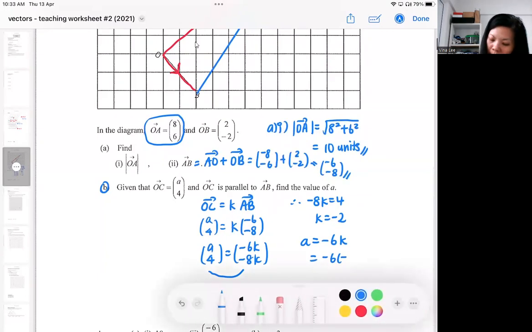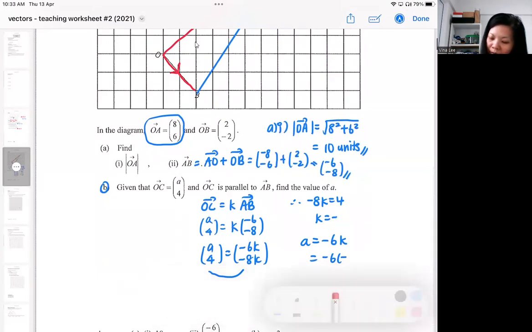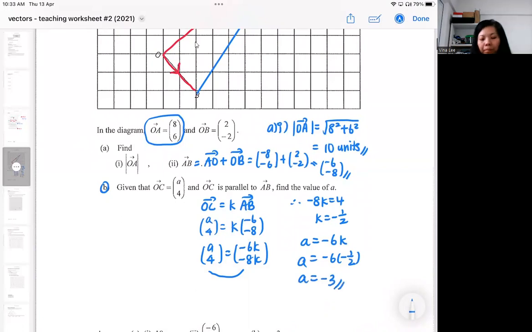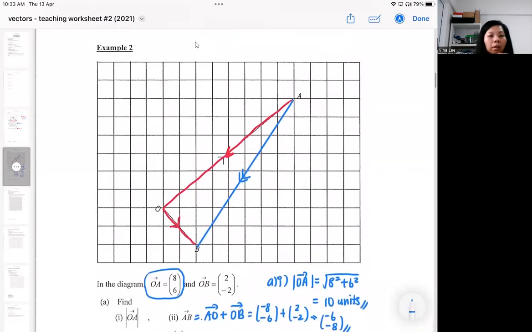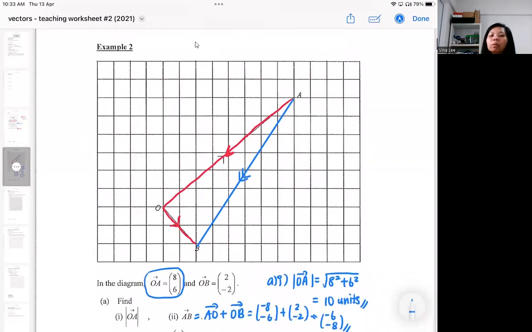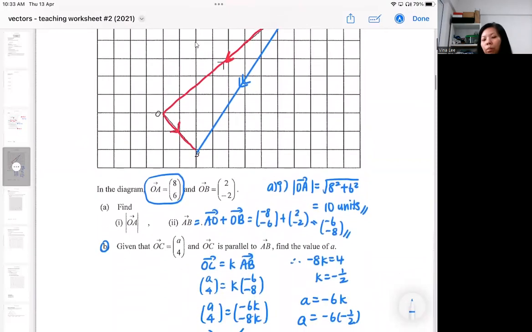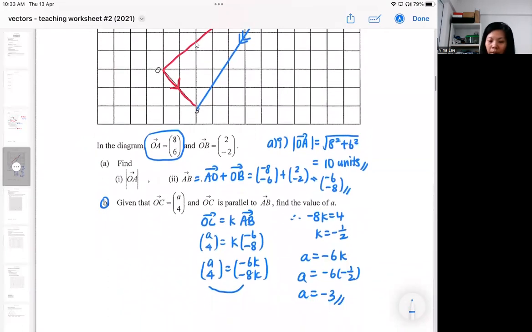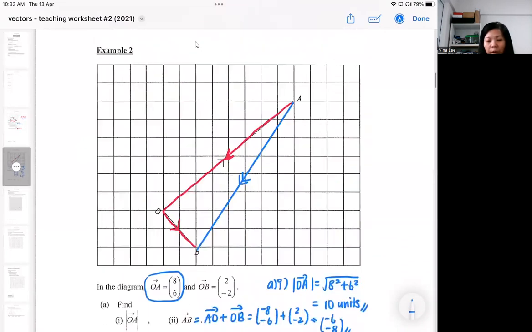Oh, I think I made a careless mistake. It's a minus half. So a will eventually be minus 3. So the grid is meant for some students who prefer to use it to help you. Otherwise, you can just do by calculation.